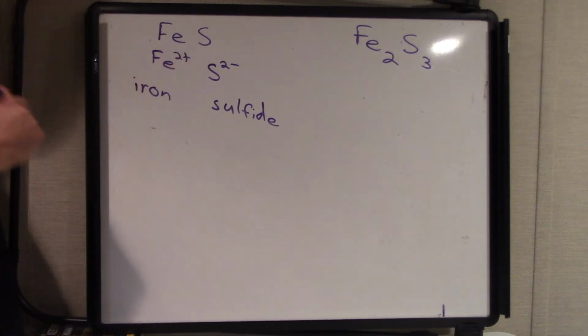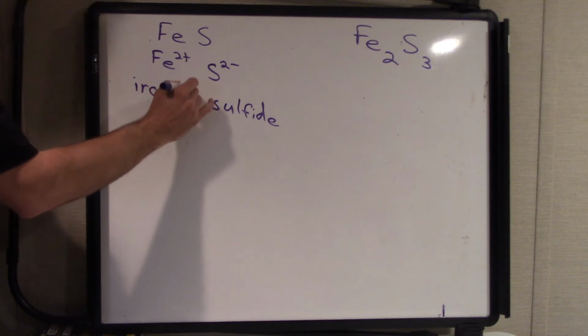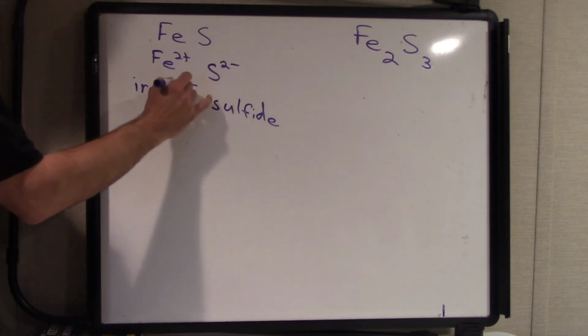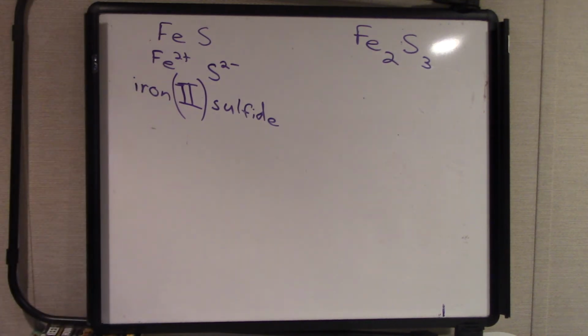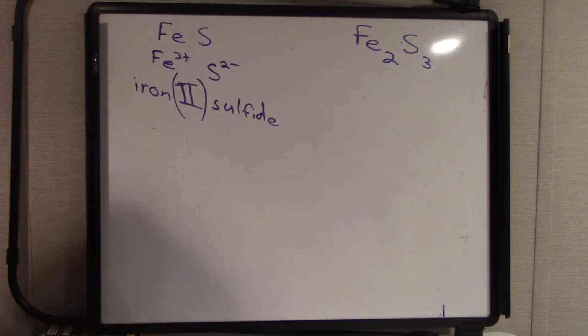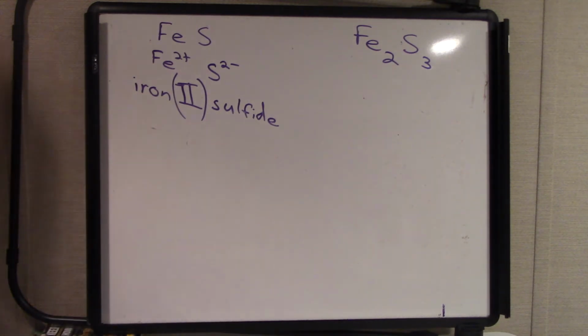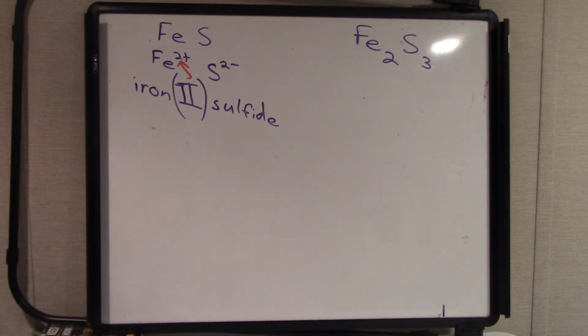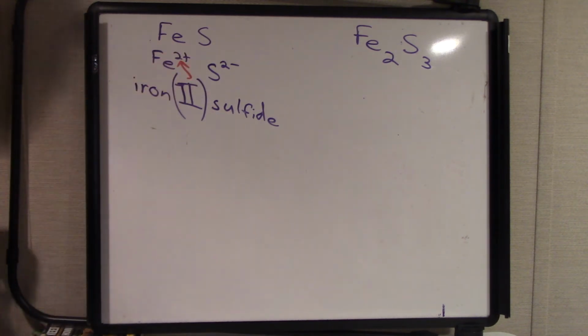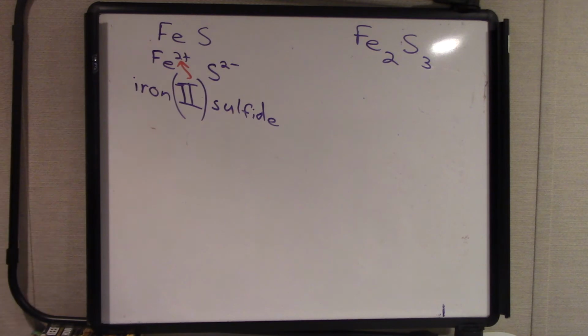The charge this iron has is +2. So I need the Roman numeral II to indicate that. Remember, I don't have 2 irons. The Roman numeral is telling me what charge the iron has. That's the relationship.